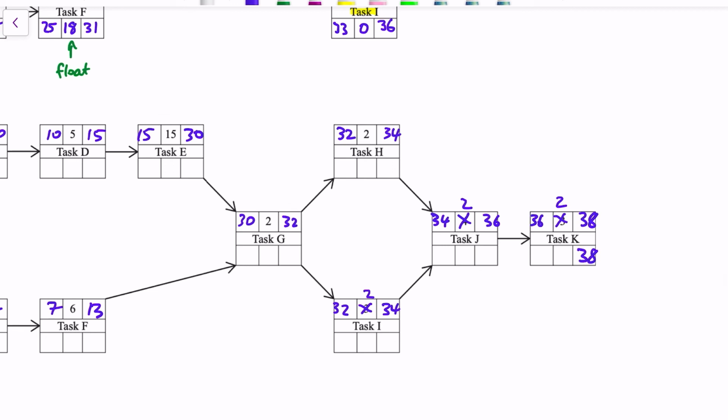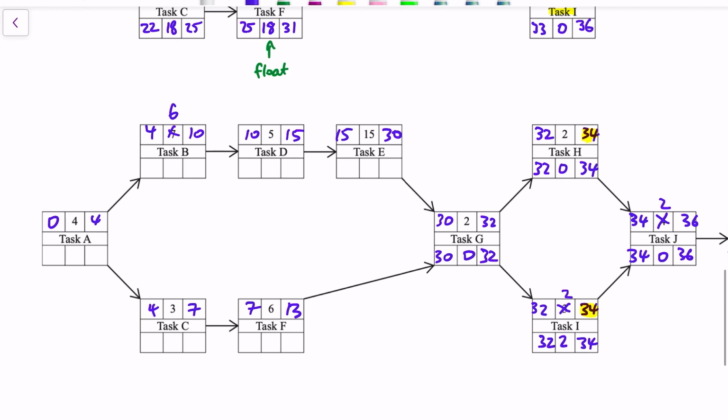Then going backwards, 38. Notice that both of these, the earliest they can finish is 34. So they're both critical now. We've actually got 2 critical paths. But then C and F can still be delayed.